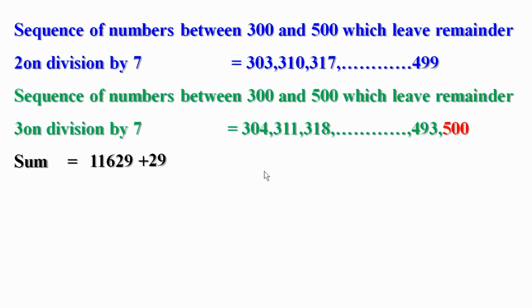Now 500 is not a term of this sequence, so let us subtract 500. Now 11,629 plus 29 is 11,658. From that we have to subtract 500, and that is equal to 11,158.